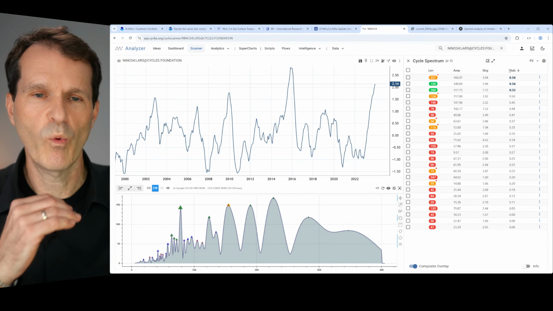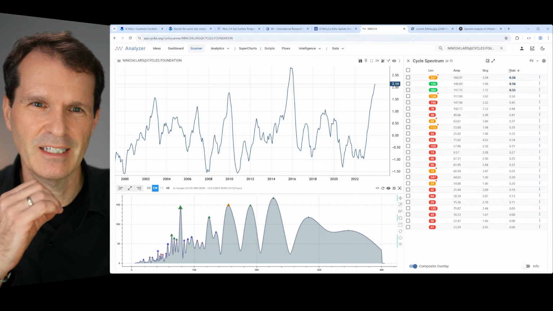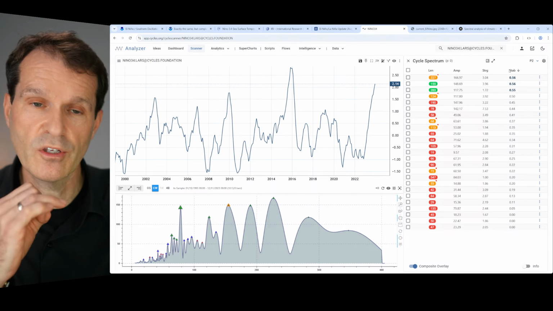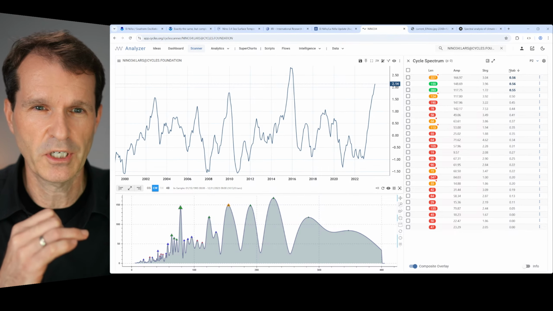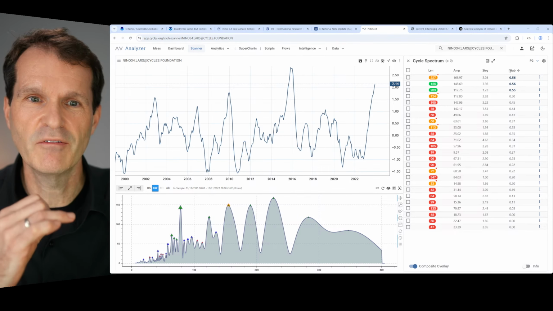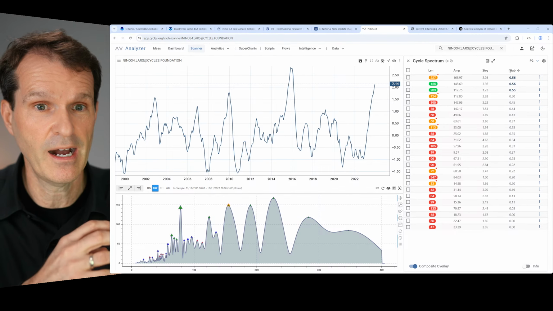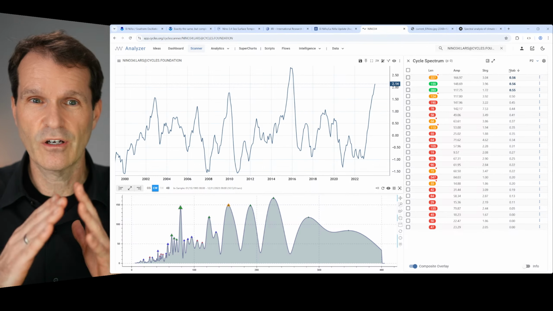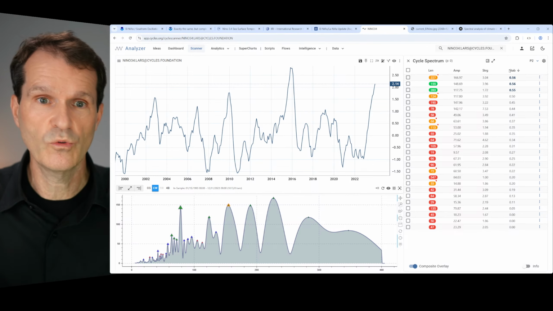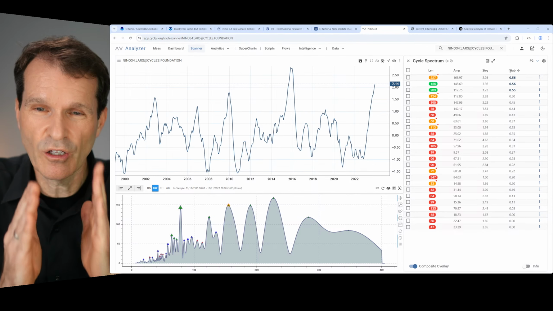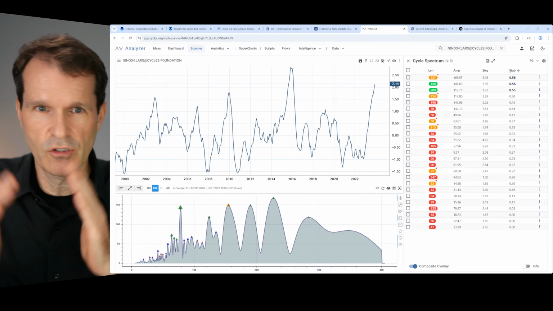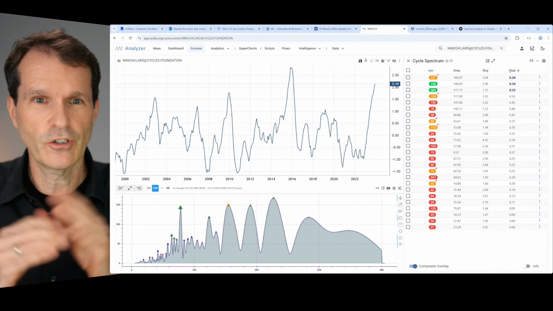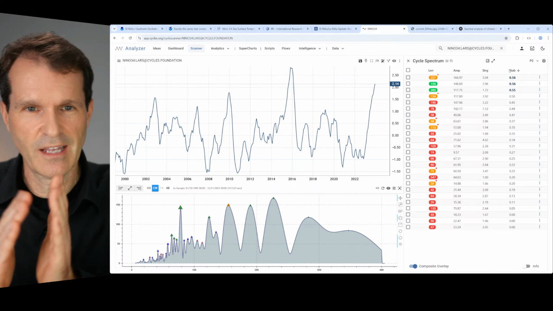You might be aware that a cycle should only be used for forecasting or projection if it has been very stable in the past. And stable means the length has not altered too often, so the cycle has been close to that length and is not jumping around. And second, also the phase.